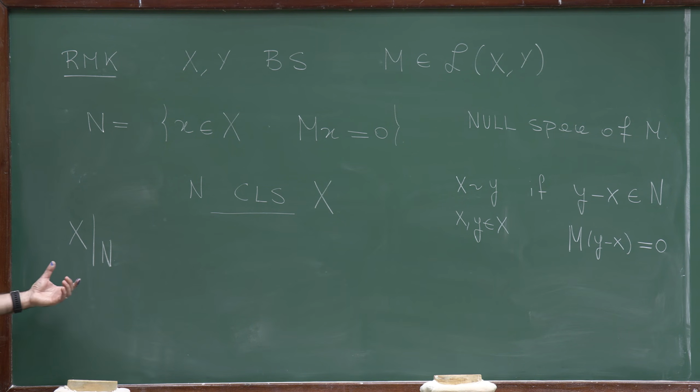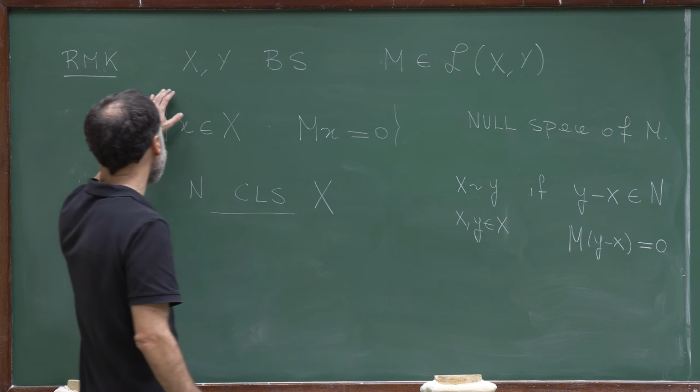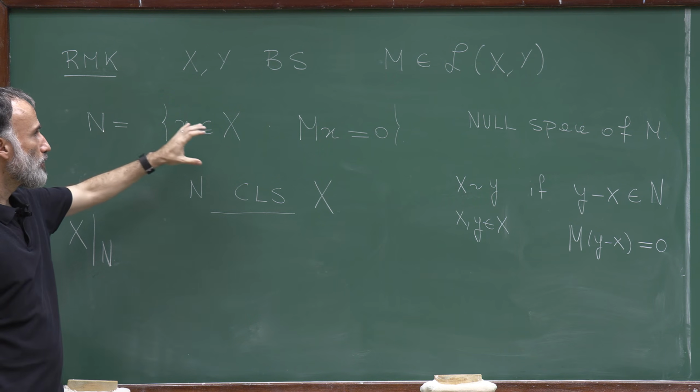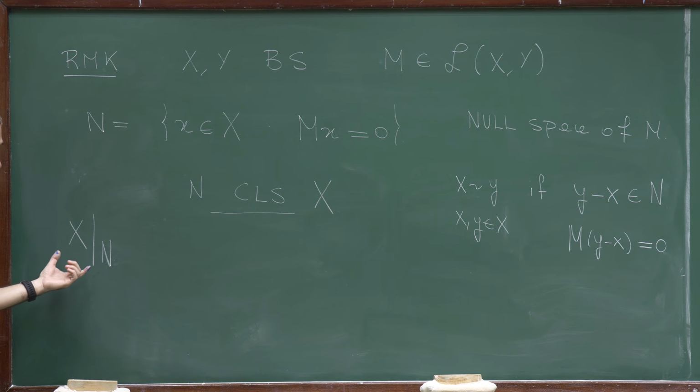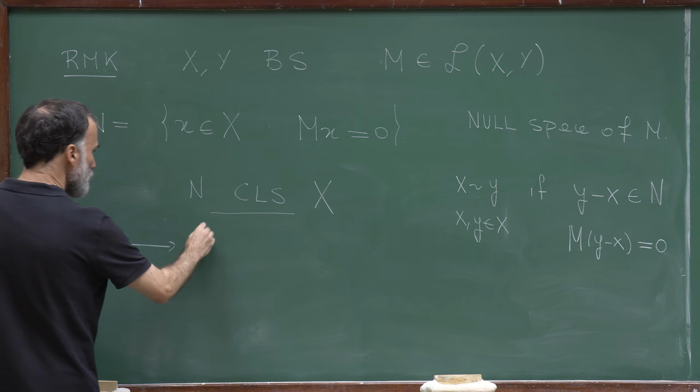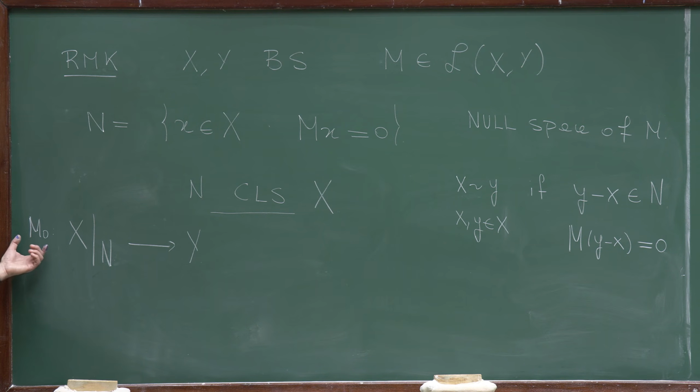And what we shall do in the next minute is to show that if I have a bounded linear operator defined in X, and I represent by N the null space, then I can define a new operator M0 from X modulo N to Y, and this new operator will be one to one and will also be a bounded linear operator. So this is to come in the next few minutes.